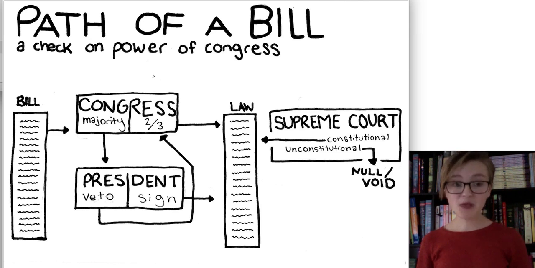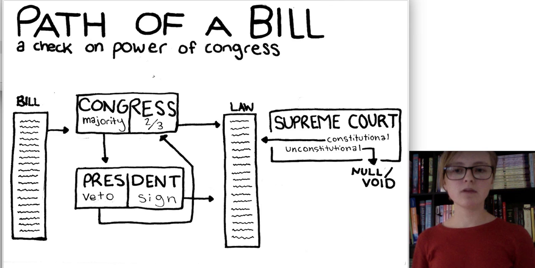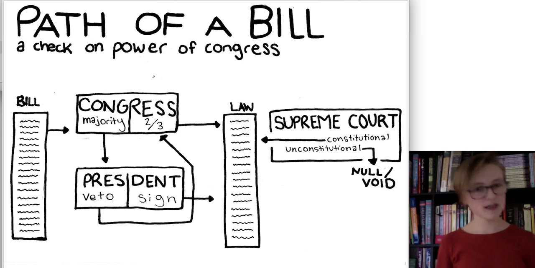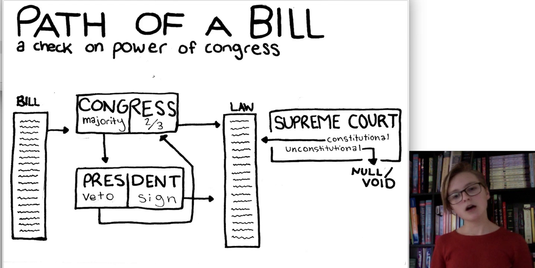And if both houses still give it a 2/3 vote, then they don't need the president's permission and it goes straight to being law. So this balances out Congress and the president's power, to where if most of Congress wants something, but not everyone, the president can decide. But if the president doesn't want it, but 2/3 of Congress does, then it can still become law. So it makes sure that neither one of them has too much power.